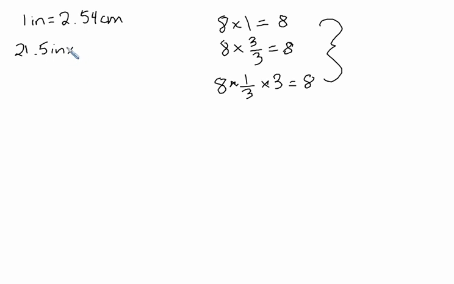And in order to do that, I like to use this little trick, all right? We want to go from inches to centimeters. Now, if we take a look here, the unit that we want to change is in the numerator, is in the top. So in order to get rid of it, we have to put the same unit in the denominator. All right, see what I did there?